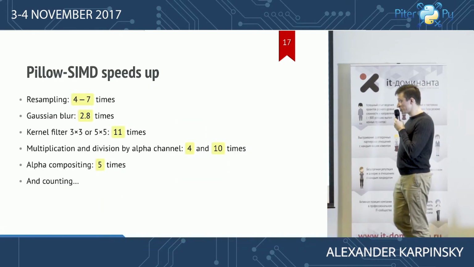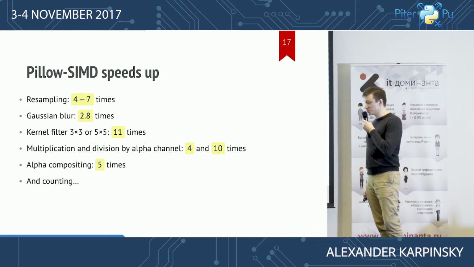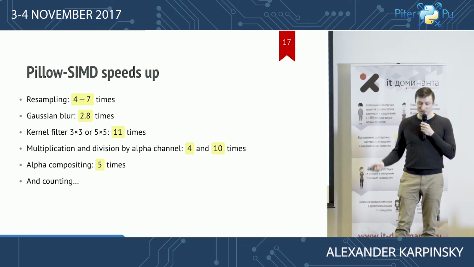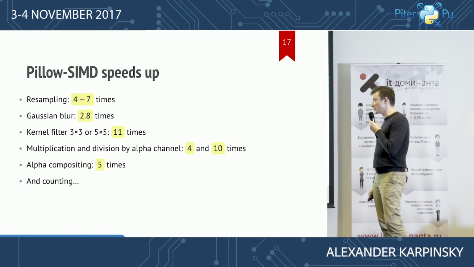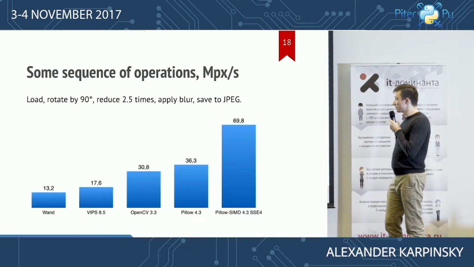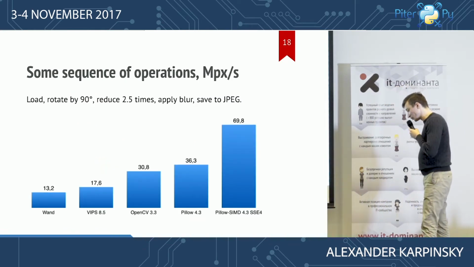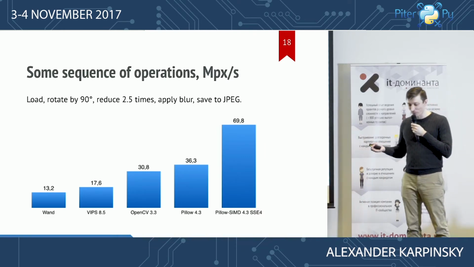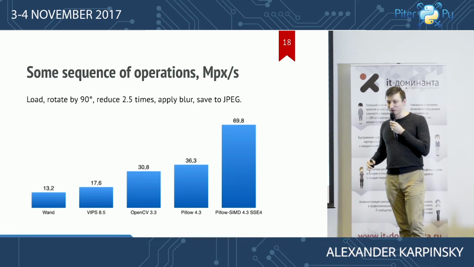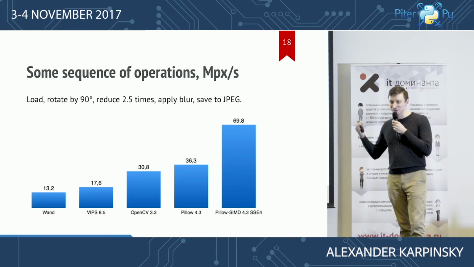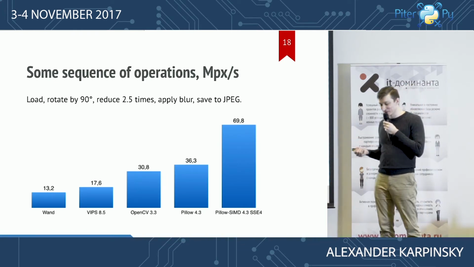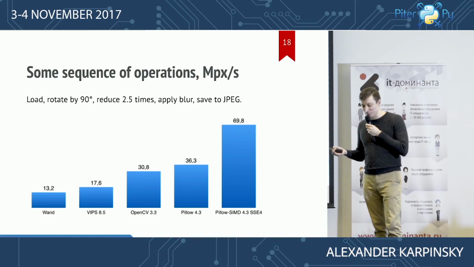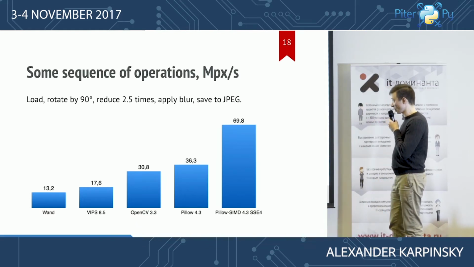And here you can see an incomplete list of transactions which are sped up using Pillow SIMD. Before that, I told you that we cannot say that one library is several times faster than another one, but we can do our own benchmarking for the transactions we need in our application.